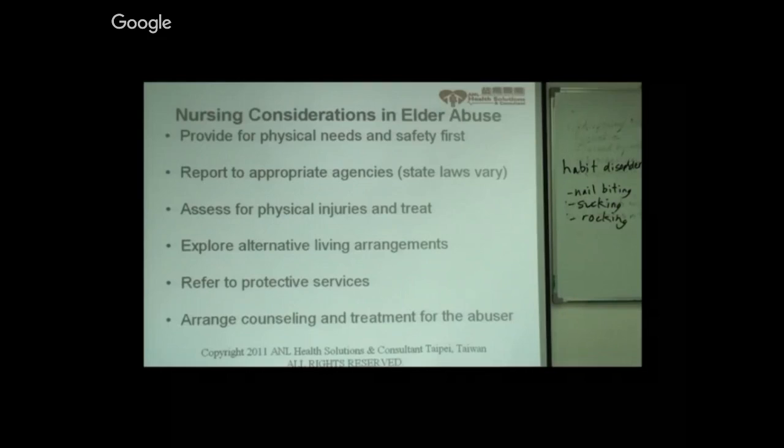Report to appropriate agencies, as state laws may vary or change. Assess for physical injuries and treat them. Explore alternative living arrangements. Refer to protective services for adults, and arrange counseling and treatment also for the abuser.